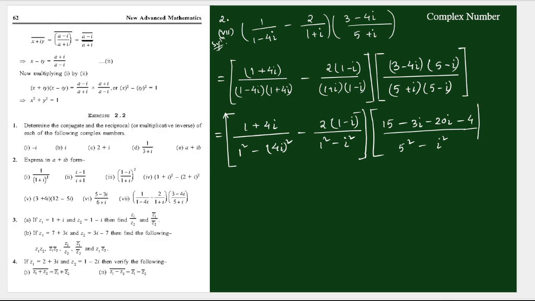Did you understand this one? 4 into 1 is 4, the minus into minus is plus, but i into i is i square, which is minus 1, so plus into minus, minus 4.